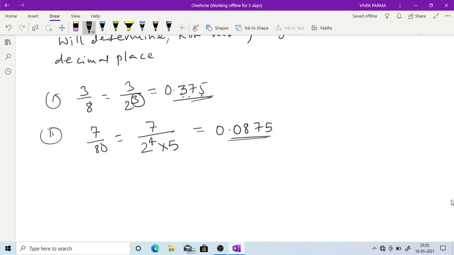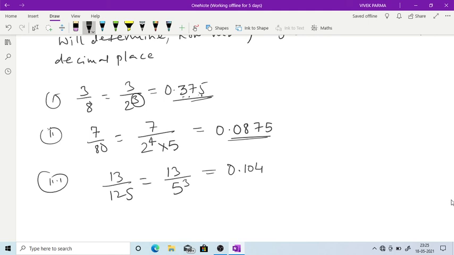Let's take another. We have here 13 upon 125. So what we can write over here is 13 upon 5 cube, right? So you can clearly see here the digits after the decimal place will be 3.